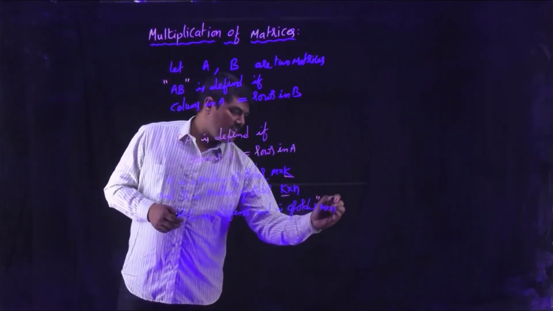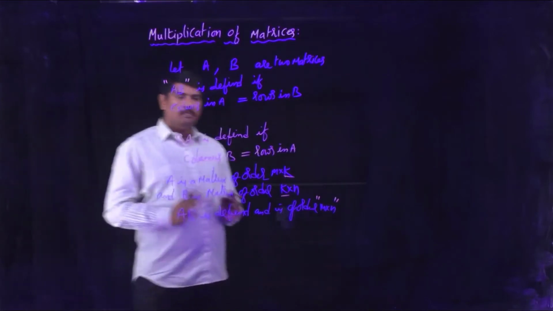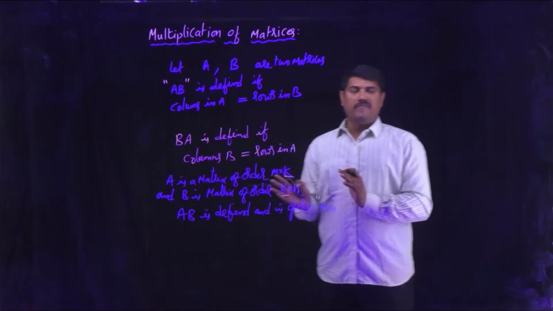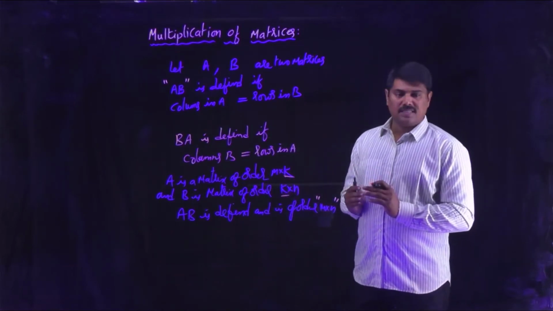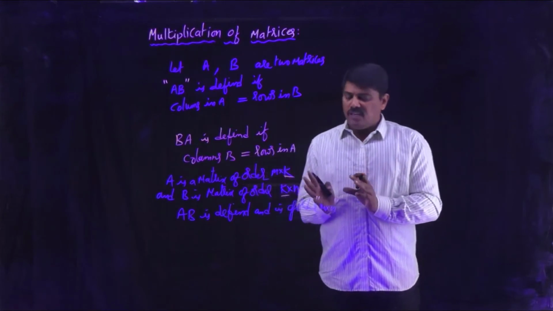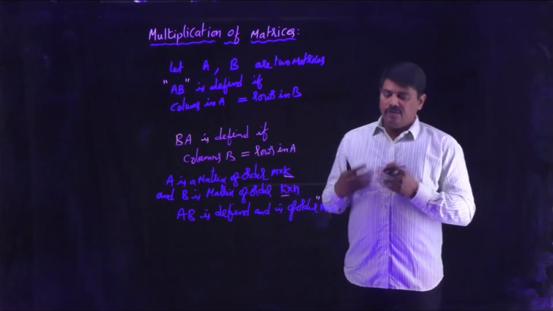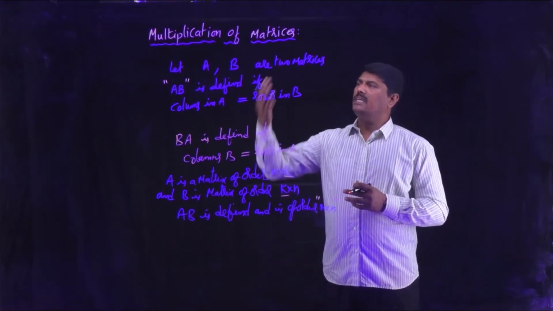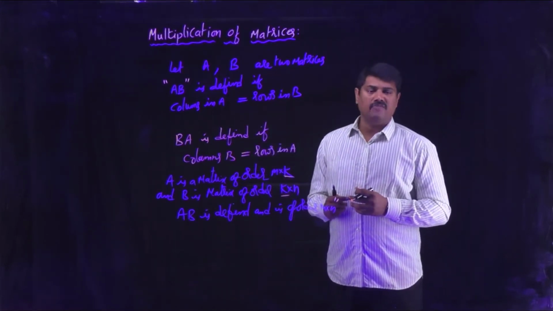So this is the concept of multiplication of two matrices. What is necessary to define the product of two matrices, and what is the order of the obtained matrix? If you know these two points, we can go through the concept of multiplication of matrices.